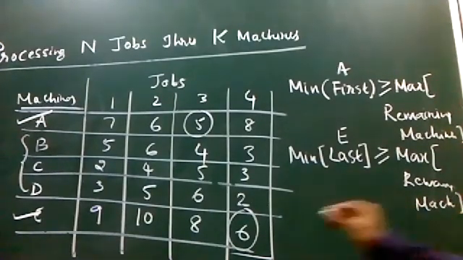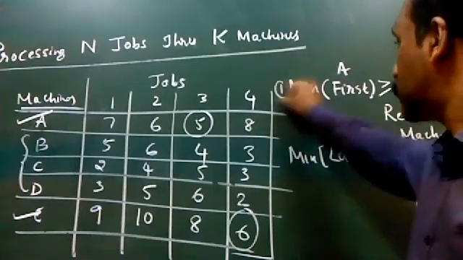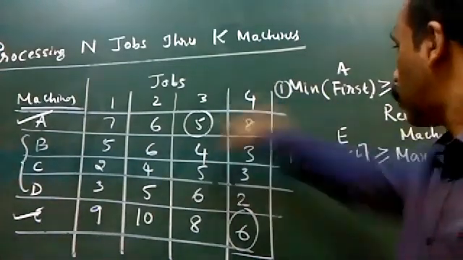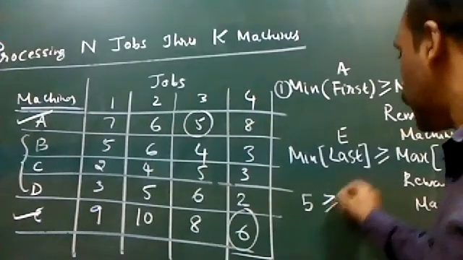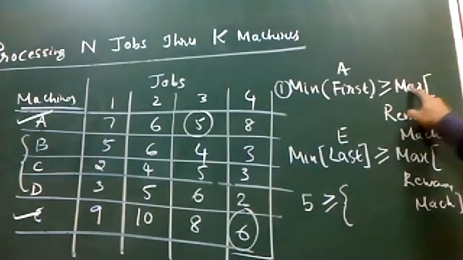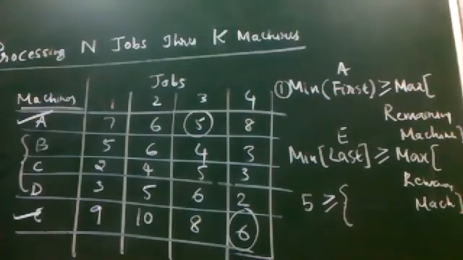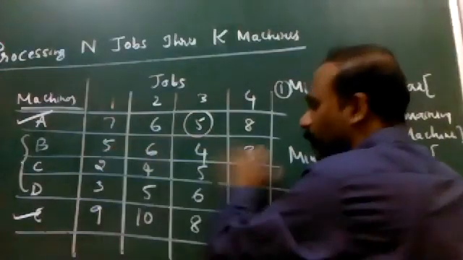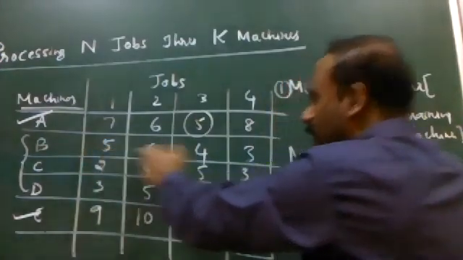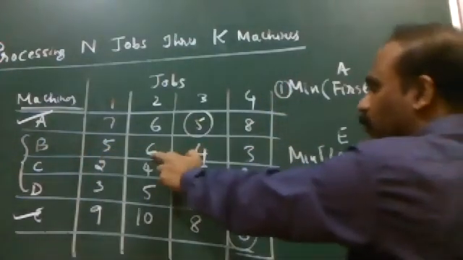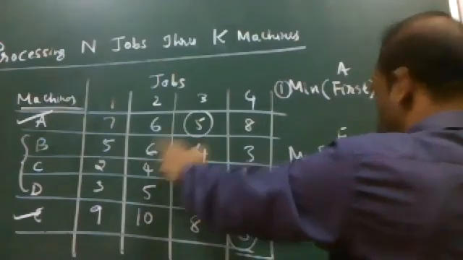So first let me take the first condition. 5 should be greater than or equal to the maximum of the remaining machines, and I should take all the 3 values individually. If I go to machine B, the highest value is 6, so I say 6, comma.